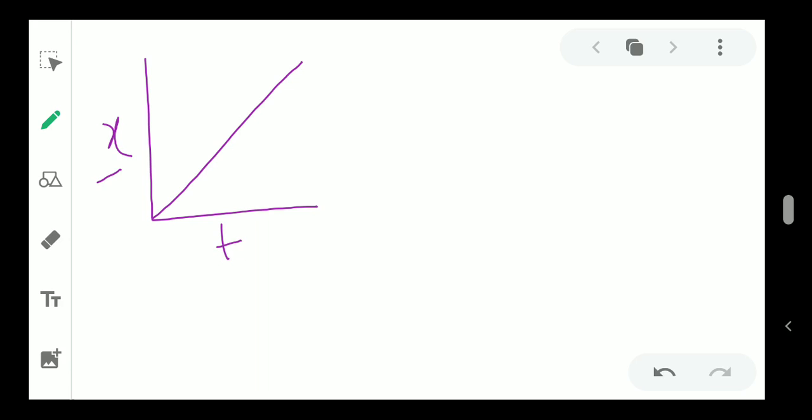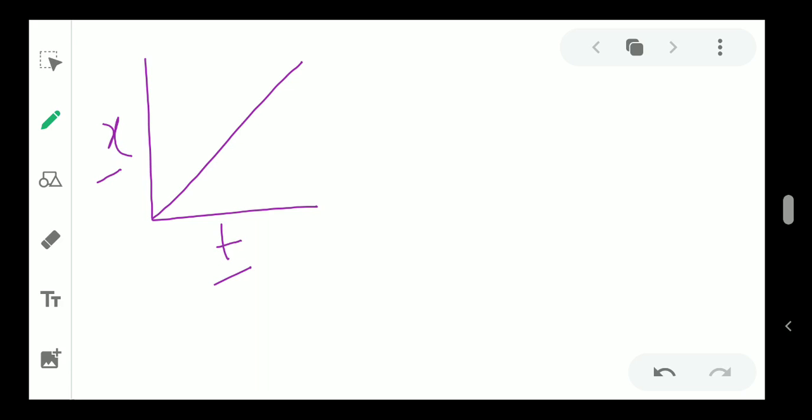So we were at kinematics, and we have seen that when something moves, if we have a graph with x versus t, that means the distance is increasing with respect to time.